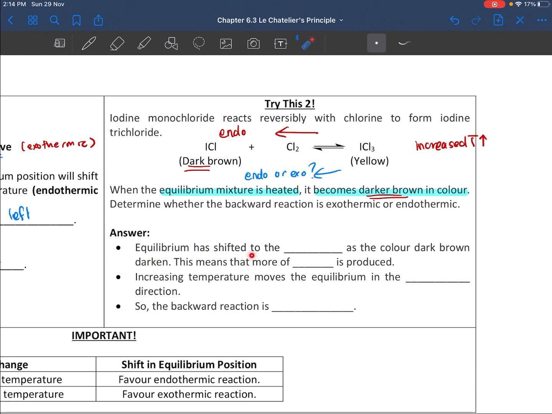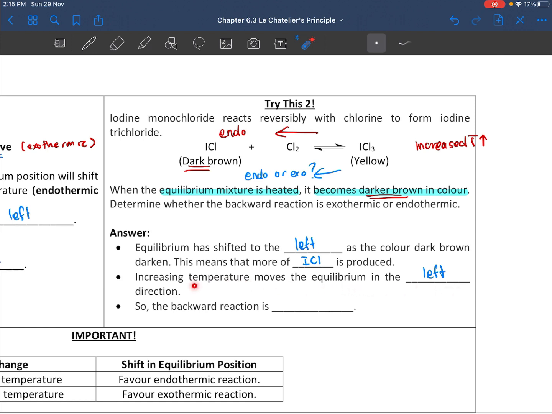So equilibrium has shifted to the left. Okay, shifted to the left as the color dark brown darken. Okay, so dark brown tu makin gelap. So maksudnya sistem ni tengah menghasilkan lebih banyak ICl lah. This means that more of ICl is produced. Okay, so kalau temperature increase, maksudnya kita movekan equilibrium tu to the left.